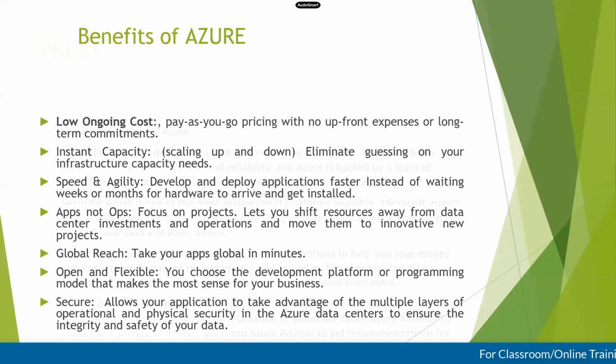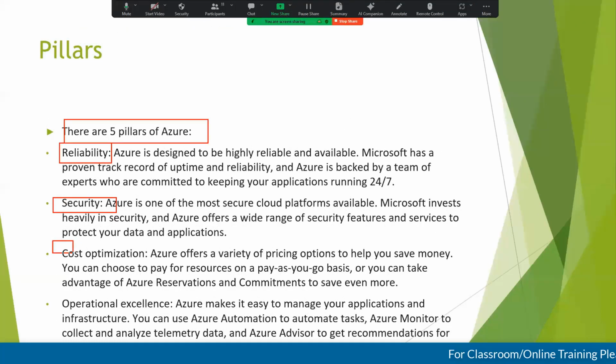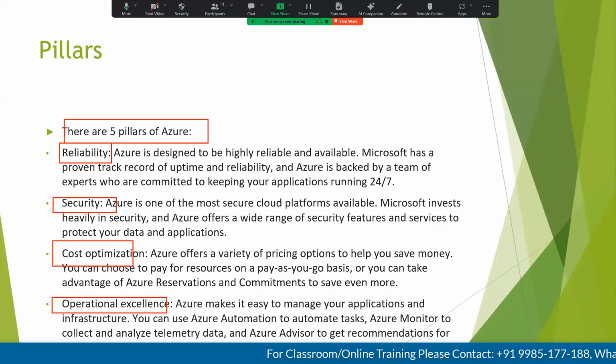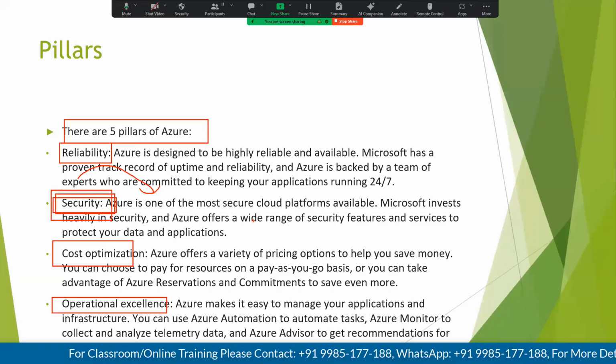There are five pillars of Microsoft Azure: reliability, security, cost optimization, operational excellence. Reliability means if you are facing any issues, the Microsoft team is behind you and will resolve the issues instantly. Security, as you know already, is one of the important features; other people will access their data with high security.